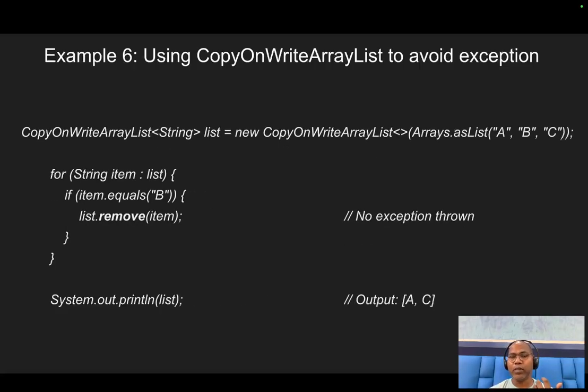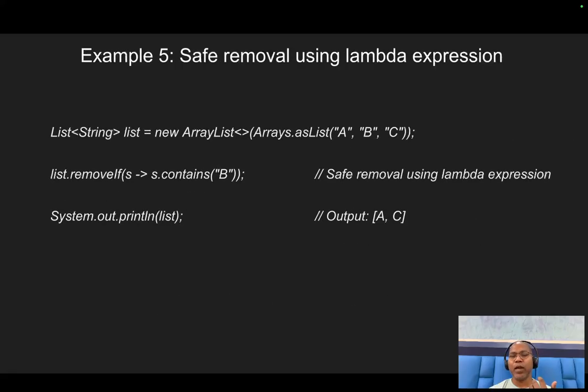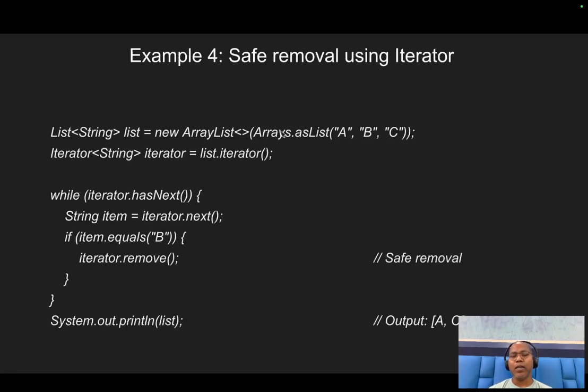And if you still want to use the ArrayList, then you can use the lambda conditional removeIf on the ArrayList, or, a better option if you are using an iterator, use the iterator's remove method.